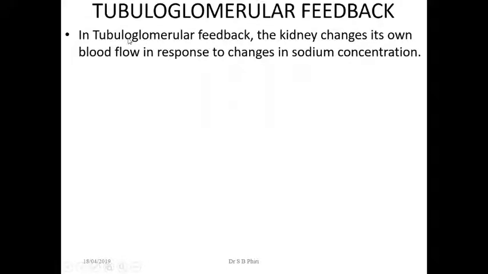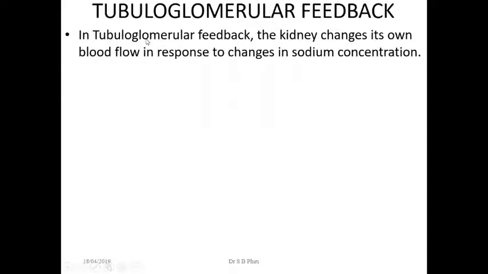Those macula densa cells are the ones that sense the presence of sodium, so they are sodium-sensitive cells. They can communicate with the smooth muscle cells of the glomeruli, so they can bring about vasoconstriction, vasodilatation, and also contraction of the mesangial cells.